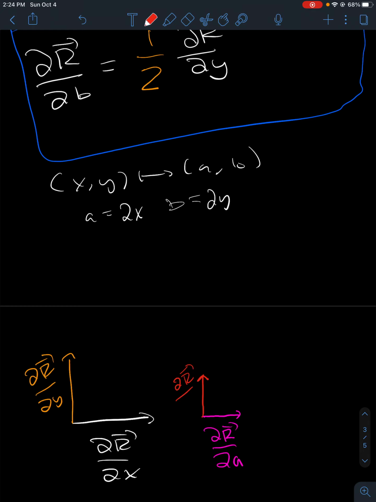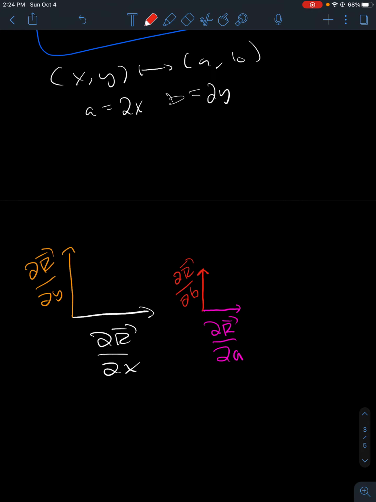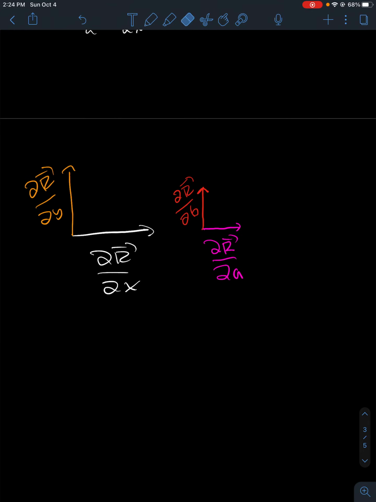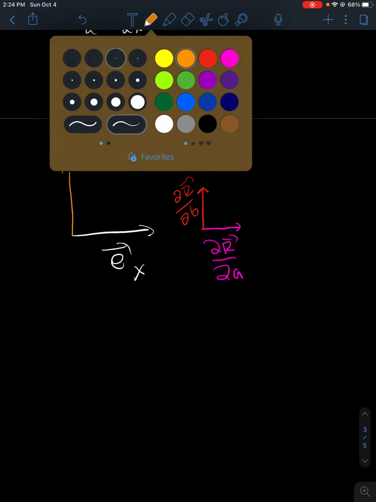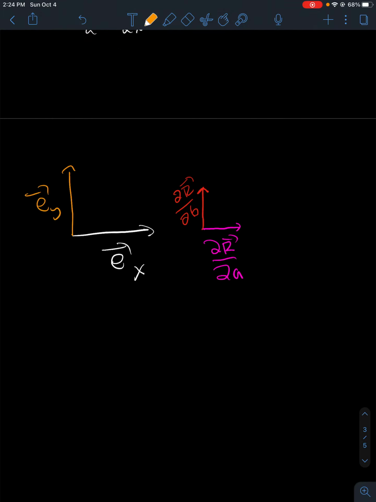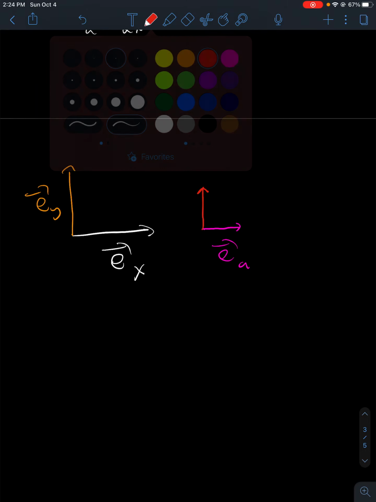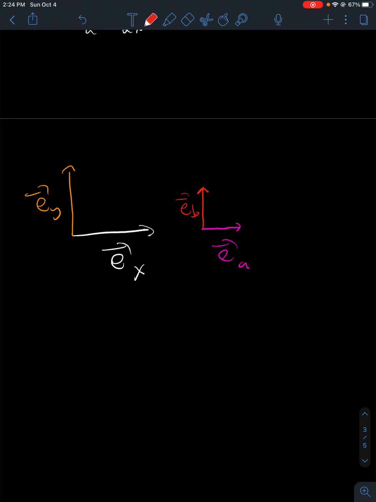It's pretty simple, guys. Pretty simple. You can rewrite this as ex. You can rewrite this as ey, just convention. You can rewrite this as ea, and we can rewrite this as eb. So we can already see that ea equals 1/2 ex.